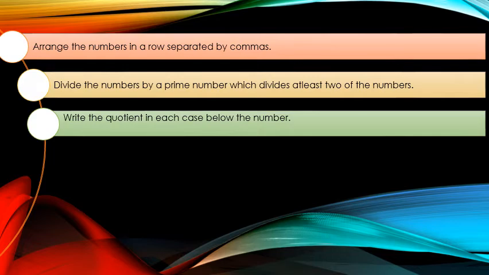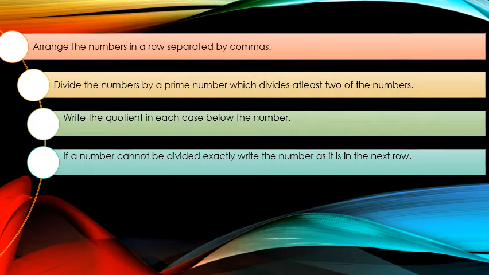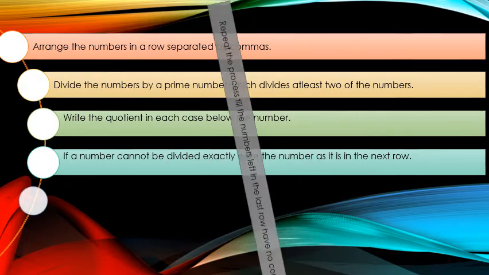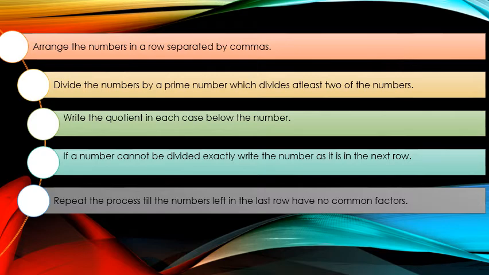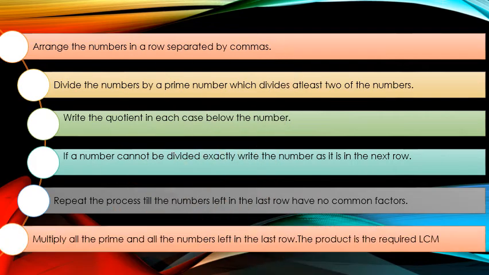Next, we write the quotient in each case below the number. In a few cases, the number cannot be divided exactly. You write that number as it is in the next row. Repeat the process till the numbers left in the last row have no common factors. Multiply the primes and all the numbers left in the last row. The product is the required LCM.